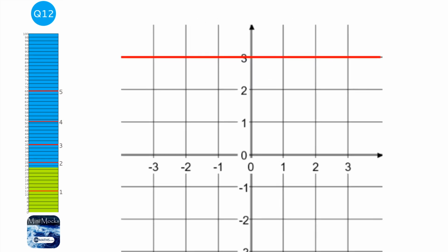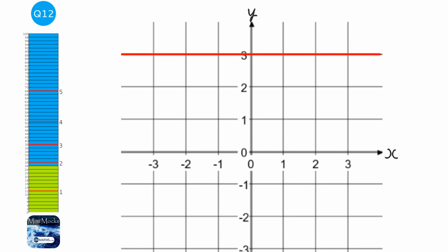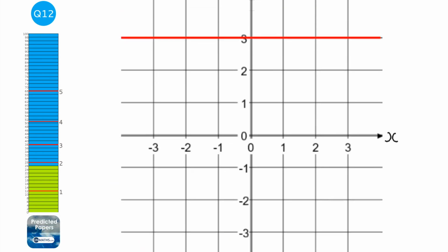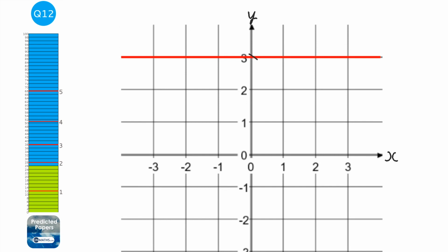Okay, so this is quite a tricky question. So we've got a set of axes and we're given a line on it, and we're asked to find the equation of the line. So let's have a look at this line. At every point on this line, even points between the lines, at every single point x is continually changing. If we have a look at the x values, they continually change.